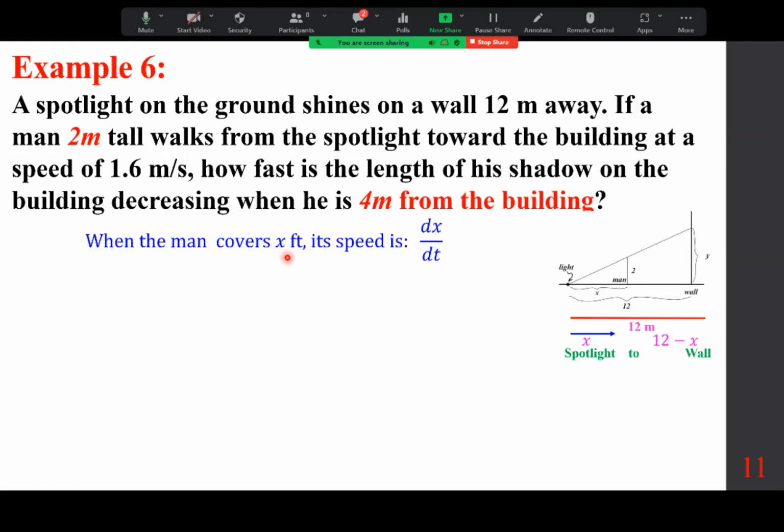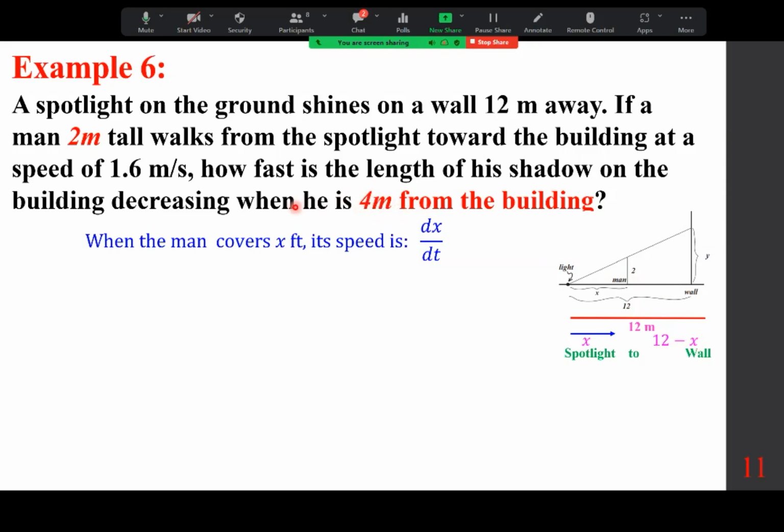When the man covers x amount, x meters, its speed is dx dt, which is 1.6 meters per second. We are interested in dy dt, the rate of change of y, at a precise moment when this distance, 12 minus x, is 4 meters.